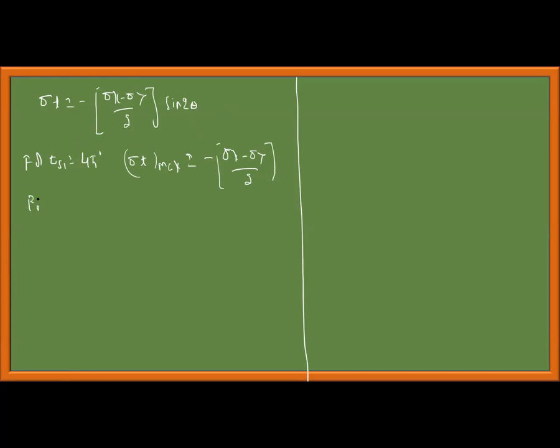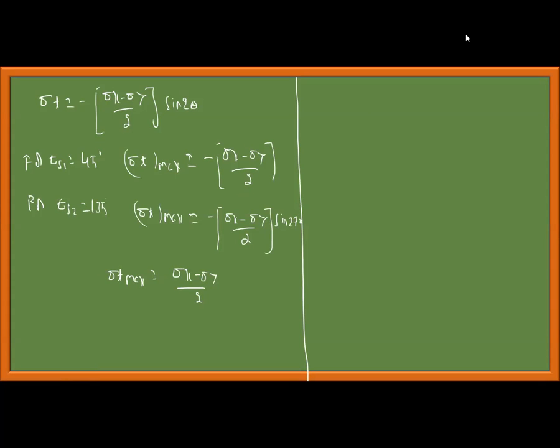For theta S2 equal to 135 degrees, can you tell me what is this value? Minus of sigma x minus sigma y by 2 into sin 270. What is sine 270? Is it minus 1?